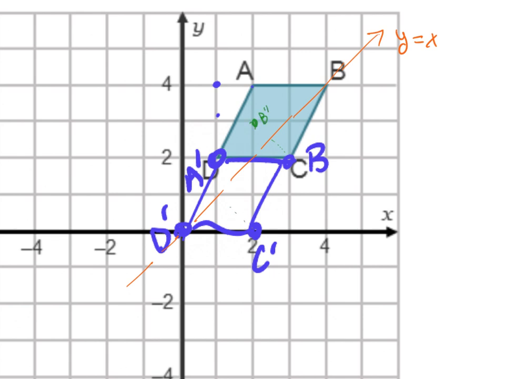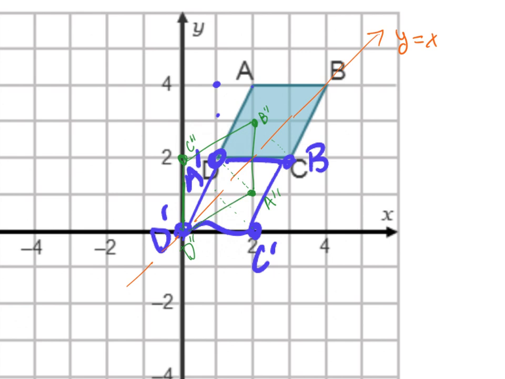If I am this far away from my line of reflection, that would put C double prime right there. D happens to be on the line of reflection, and then A would become over here, A double prime, because I am that far away. So there is my new location of B double prime.